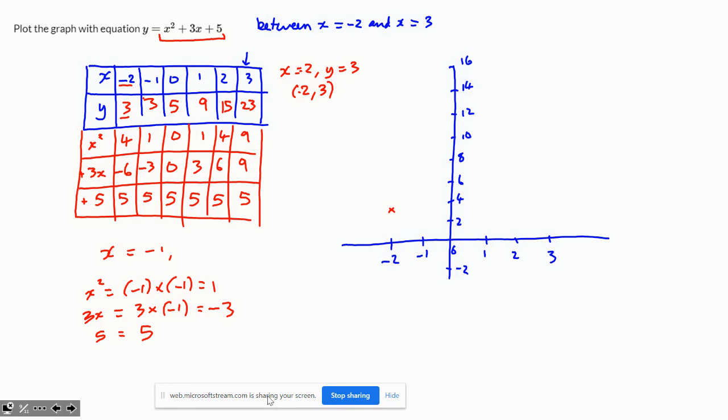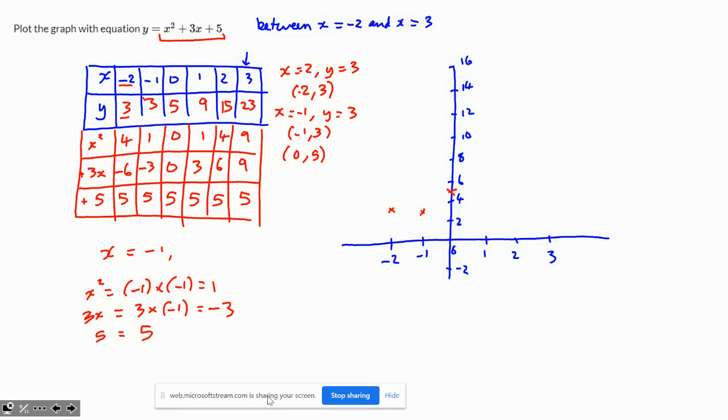Then when x is -1, y is also 3. So we have the coordinates -1, 3. So I'm going to mark that on. Then I have 0, 5. X is 0, y is 5. So I have 0, 5. And I'll mark that on.